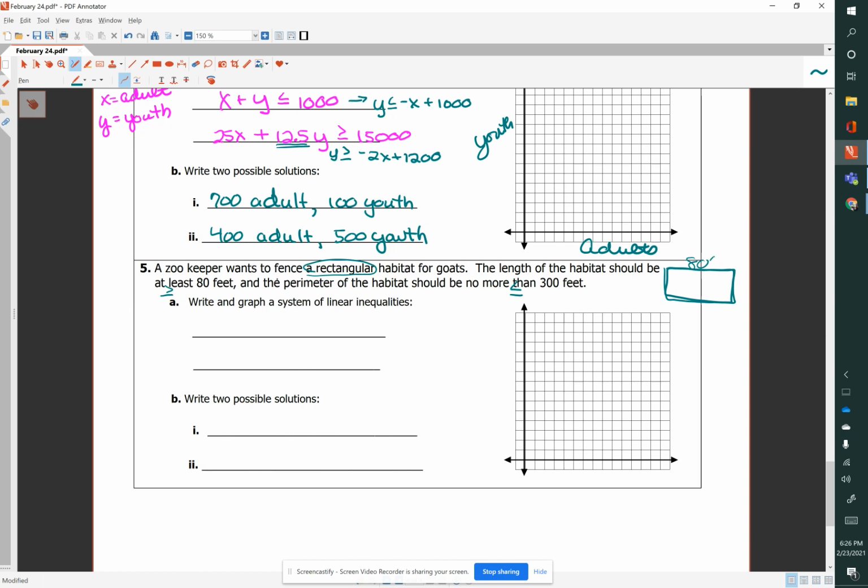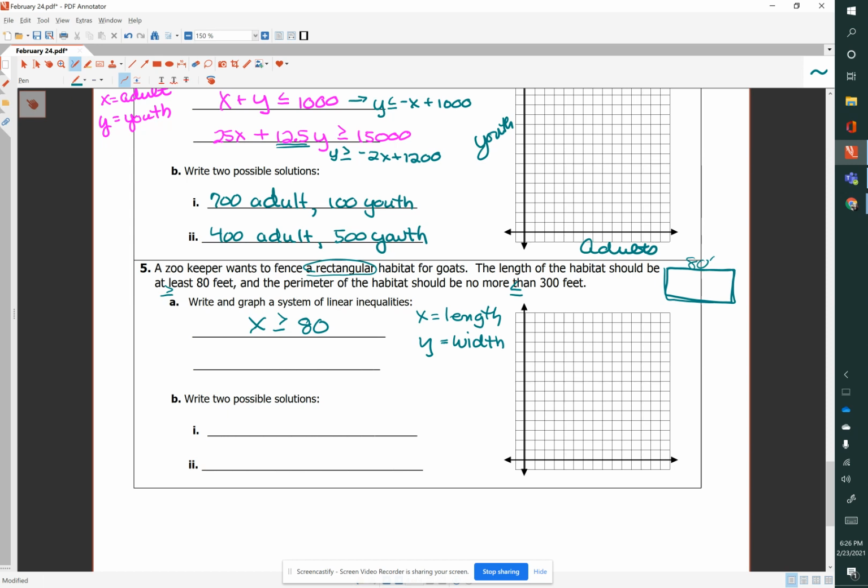Well, all we're told about either singular side of the fence is that he wants the length to be at least 80. Nothing is said about the width. So if we define x as the length and y as the width, then we would say x must be greater than or equal to 80.